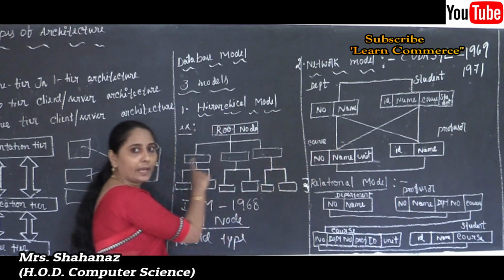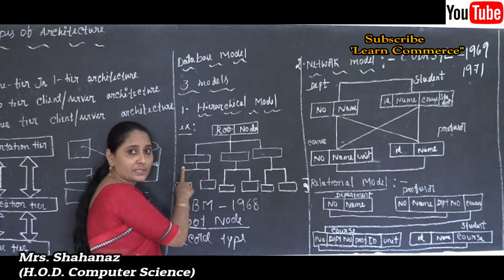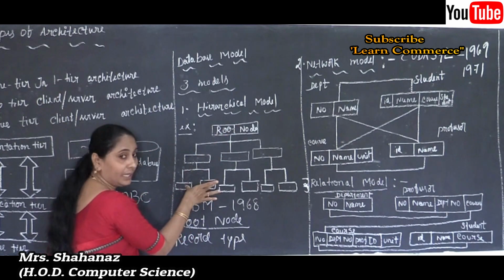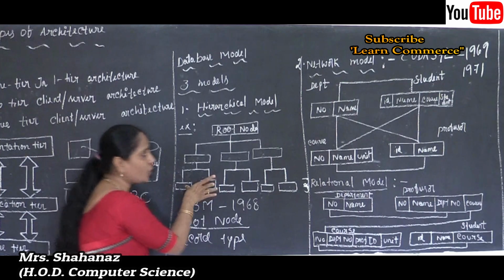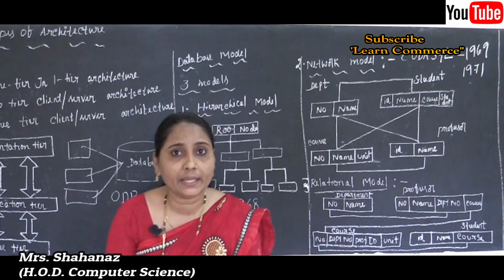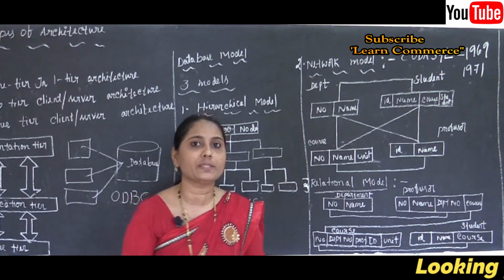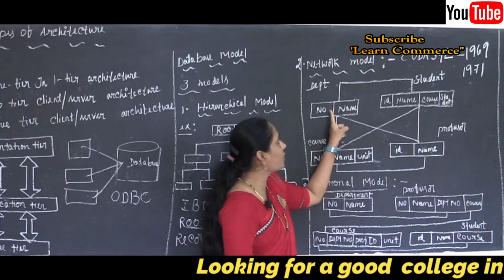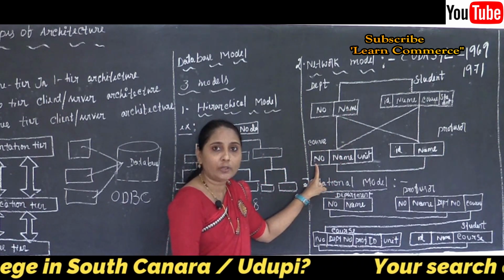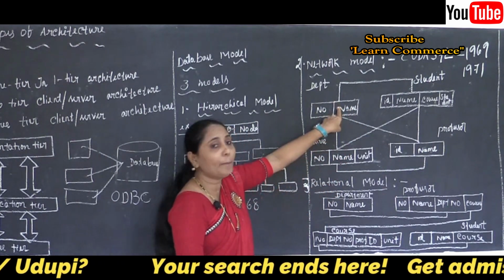Why? Because the hierarchical data model represents one to one and one to many relationships. But the network data model represents many to many relationships, because the parent node can have many child nodes and the child nodes can also have many parent nodes.